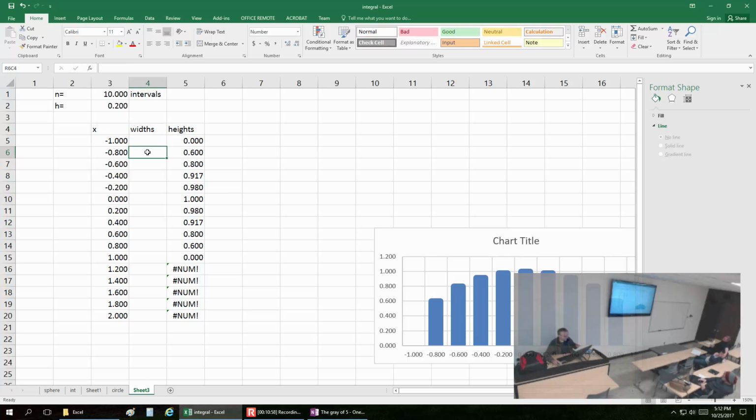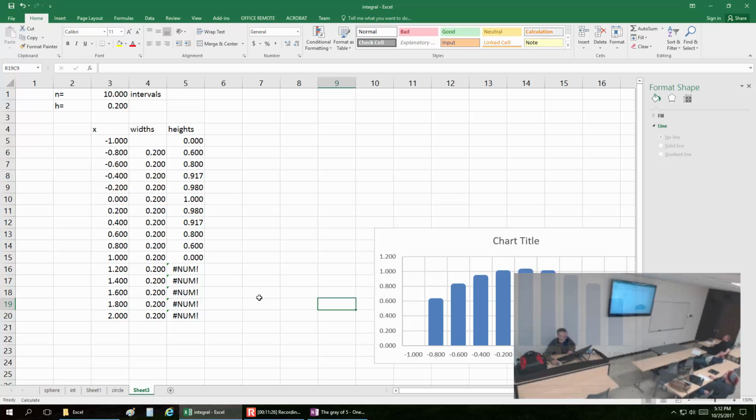Going along the axis, we simply subtract the previous one from the current one, so it's equal to this minus that, blue minus red. And so it's 0.2 naturally. They're all the same, but hypothetically it is possible to have the same construction with different widths.